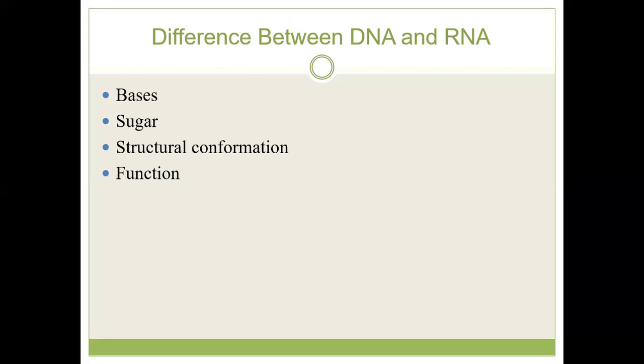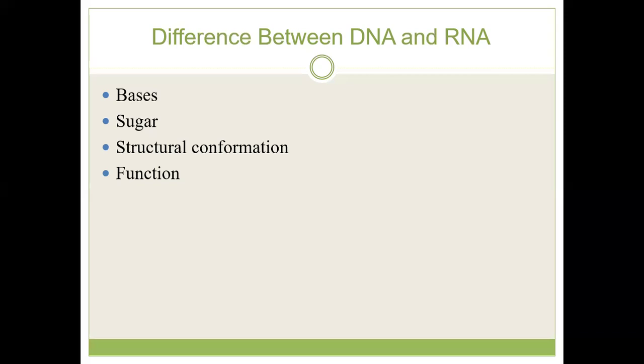Based on the sugar, DNA contains deoxyribose sugar, while RNA contains ribose sugar. The difference is that in ribose sugar, there is an OH group attached to carbon 2 of the ribose sugar, while on the deoxyribose, there is no OH.